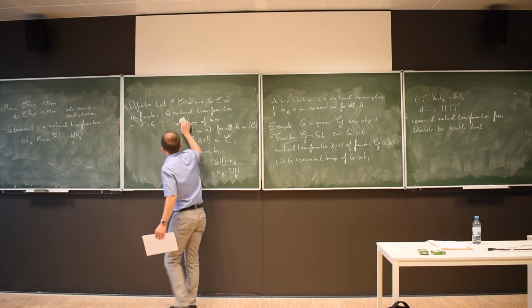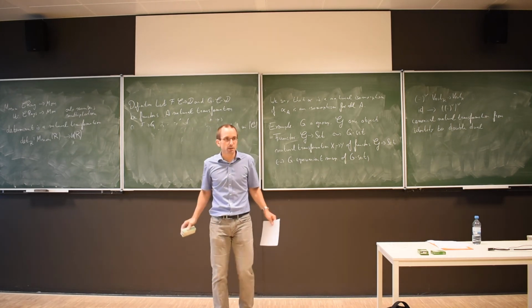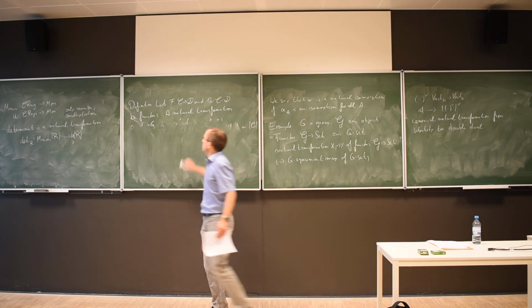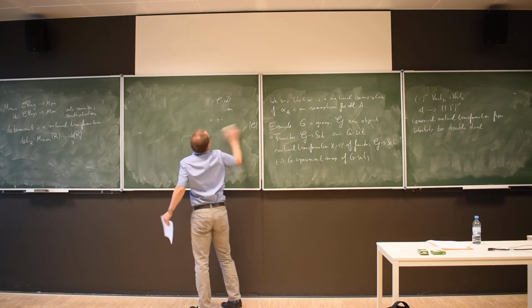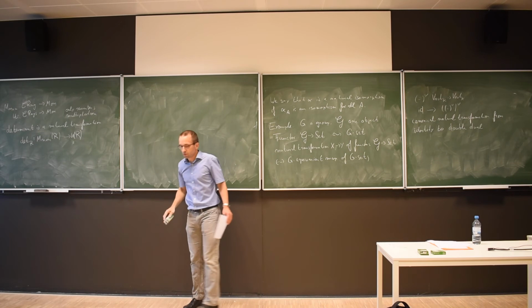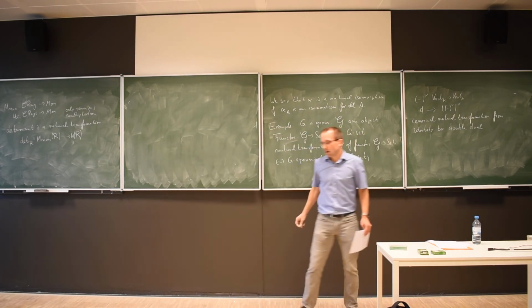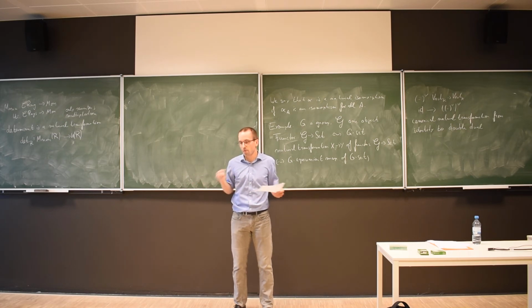I introduced the notion of a functor, and I explained that two functors can be composed, so it's then easy to define an isomorphism of categories as a functor that has an inverse, so that functor in the other direction, so that both composites are the identity functors.